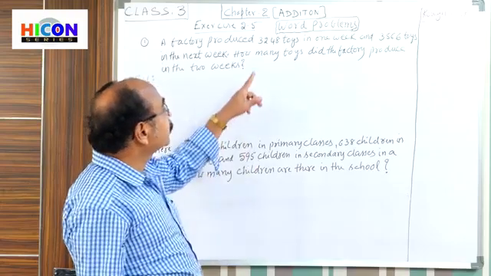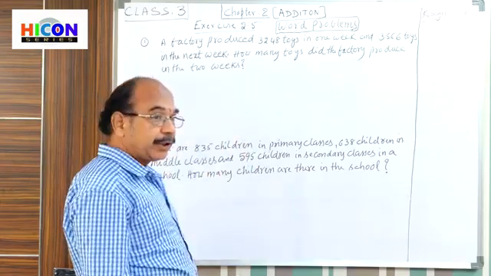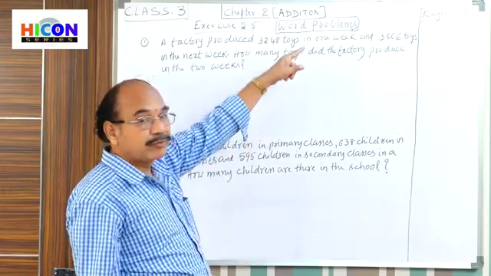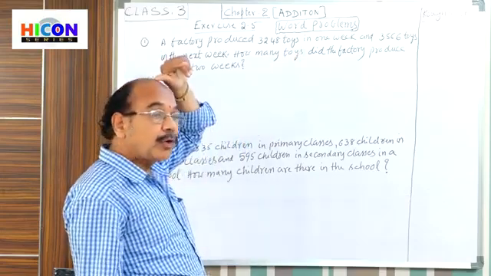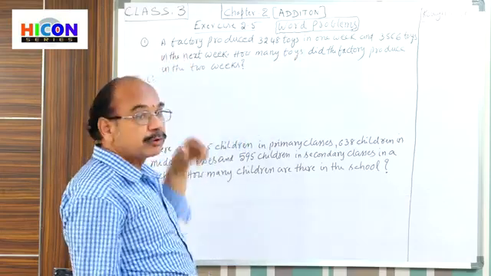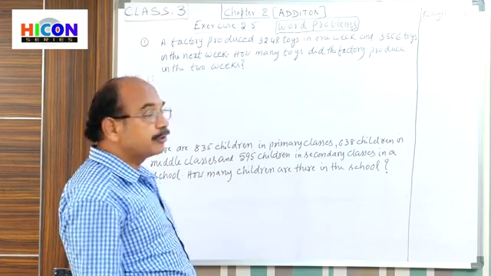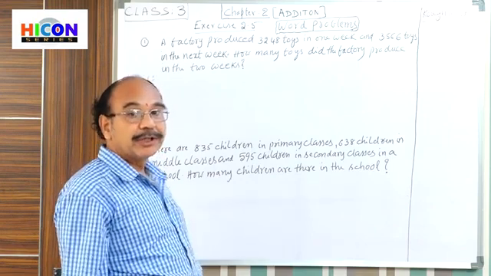How many toys did the factory produce in the first week? In the first week, how many toys were produced by the factory? 3248 toys. That is the first step.